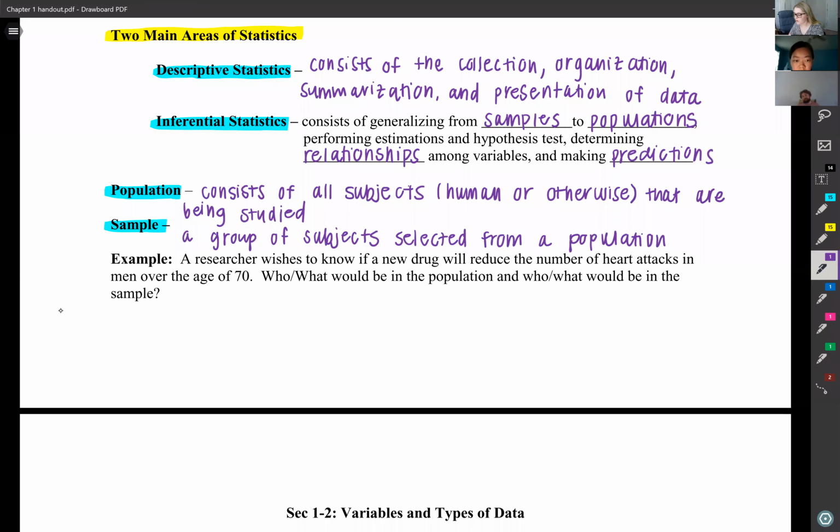Okay, so once more, a population consists of all the subjects that are being studied, and the sample is a group of subjects selected from a population.